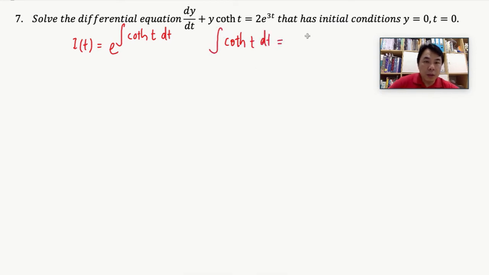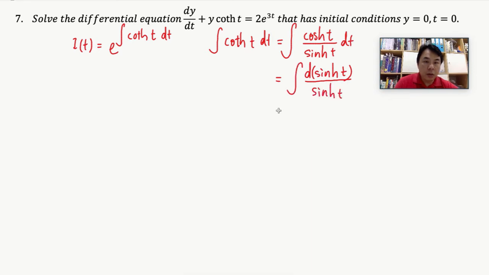Integrating a cotangent hyperbolic is the same as integrating cosh over sinh. Now, this could be solved quite easily using substitution. By using u equal to sinh t, we can easily integrate this.